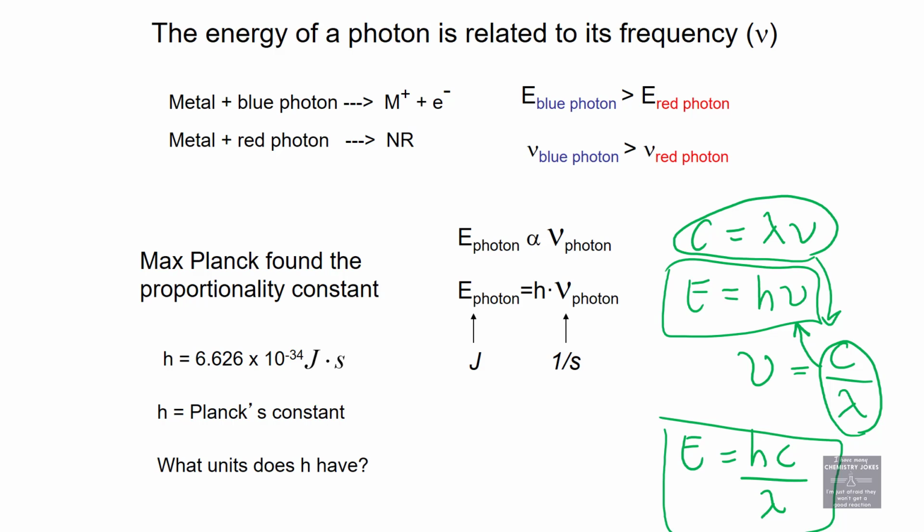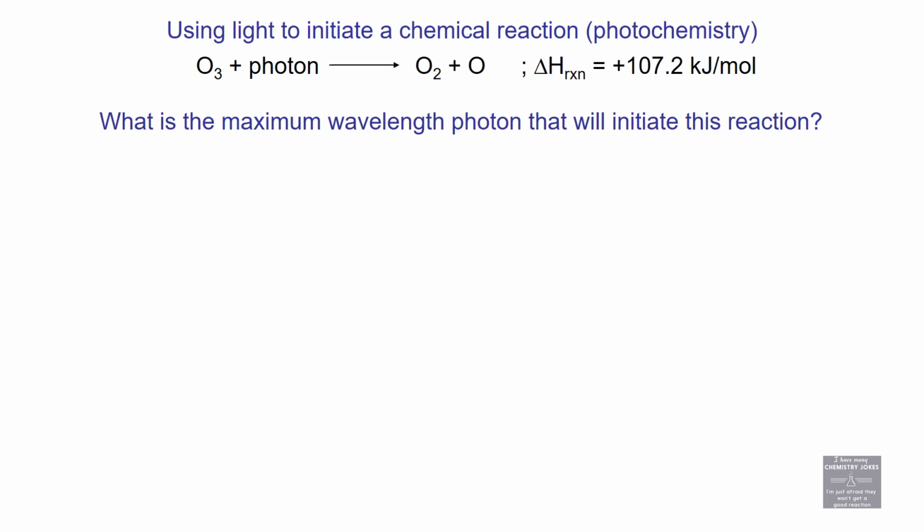Okay. We're going to talk a lot about photons and such when we do this as well. Let's do a little problem with photons. Using light to initiate a chemical reaction is also known as photochemistry. So this reaction here is a photochemical reaction where we put in light energy, known as photons, a certain number of photons, a certain energy of photons, and you can break down ozone, that's O3, into O2 and a single O atom.